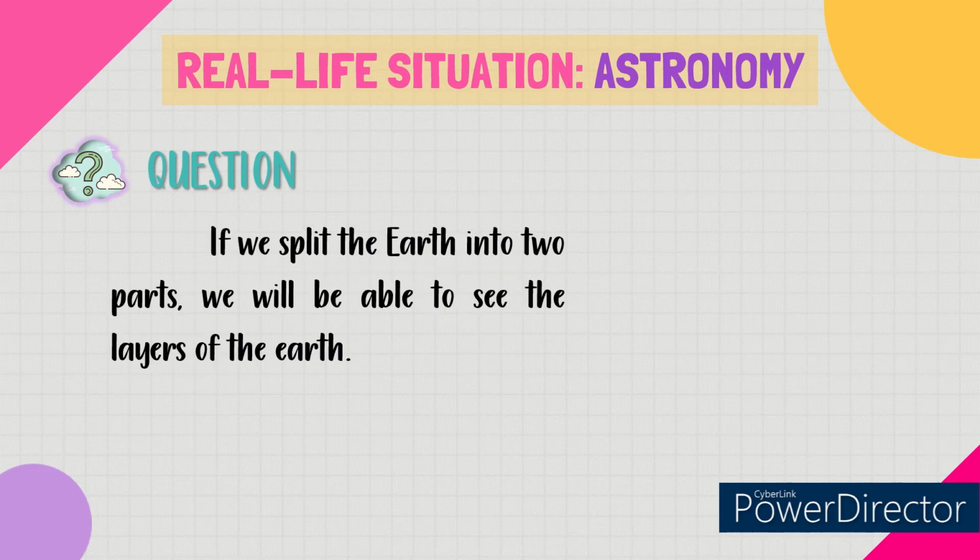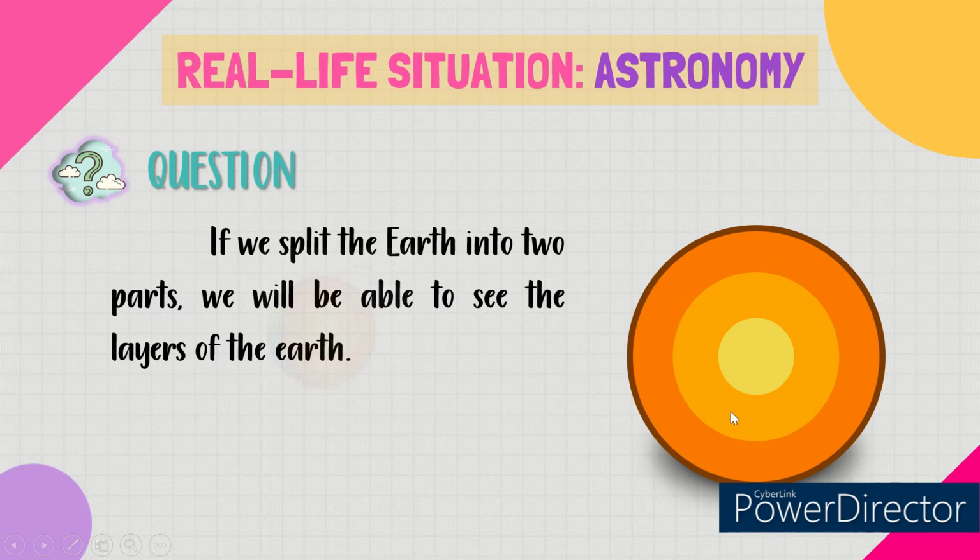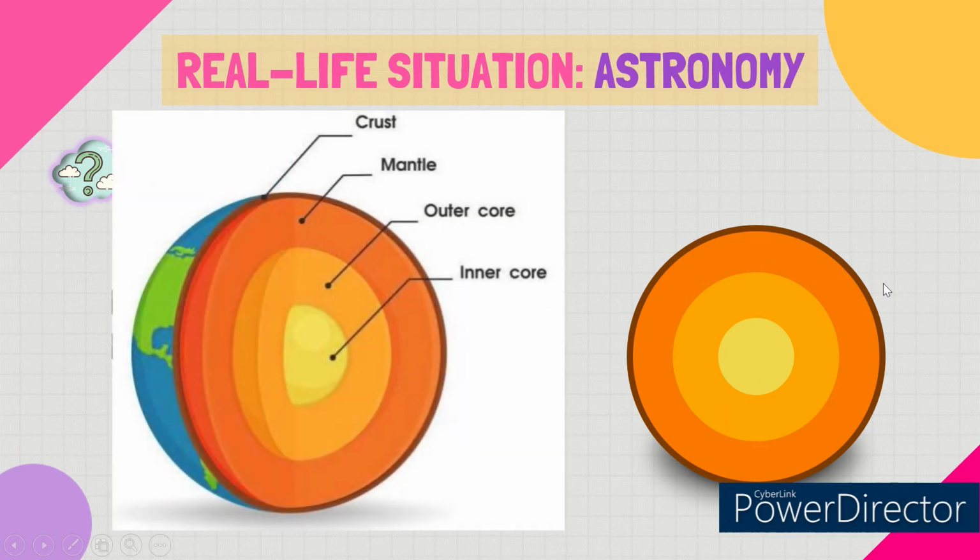If we split the Earth into two parts, so we all know the Earth is in the shape of a sphere, we will be able to see the layers of the Earth. Here are the layers of the Earth, which are the crust, mantle, outer core, and inner core.